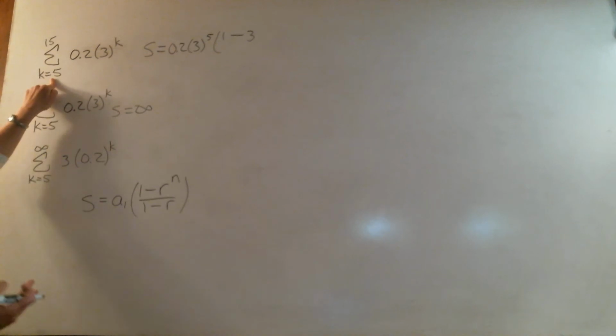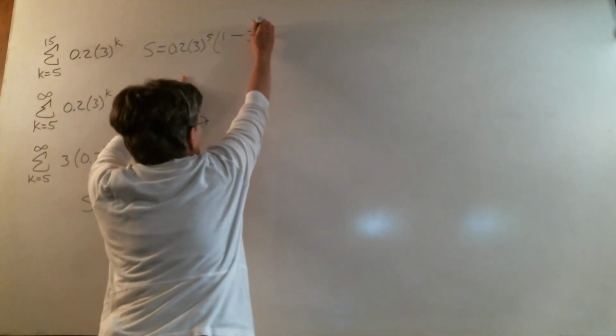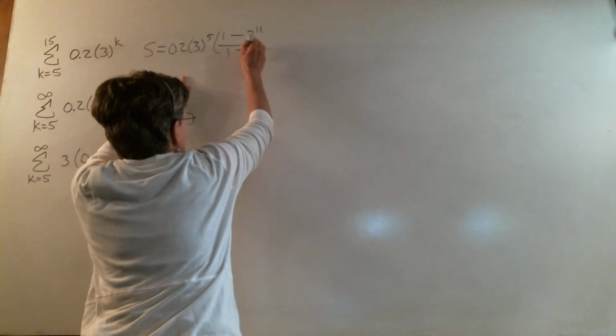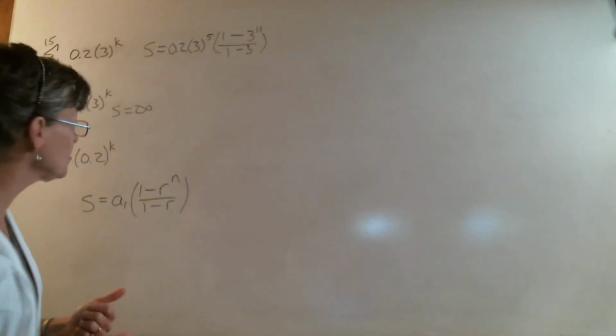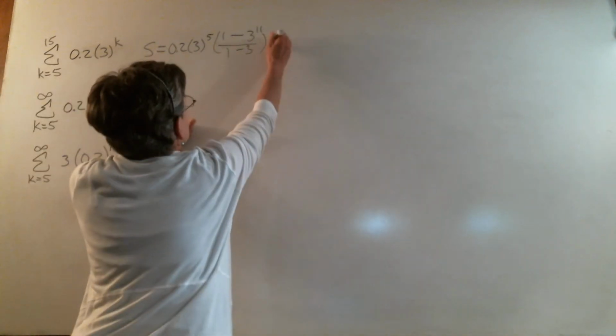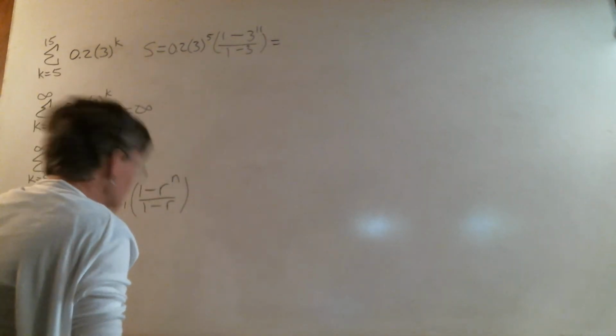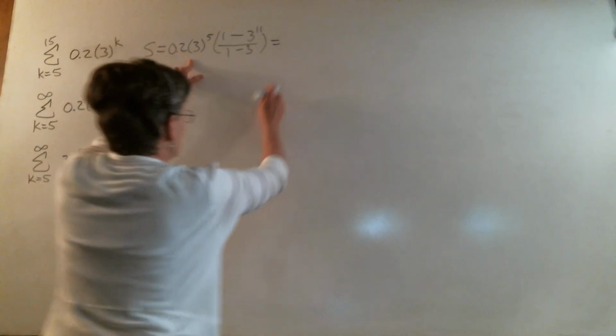Well, 15 minus 5 is 10, so there are 10 numbers between 5 and 15, but you also have to count the first number, so that's 11 terms. So we have 11 terms, and then 1 minus 3 on the bottom. And when you calculate that out, this ends up being 48.6.